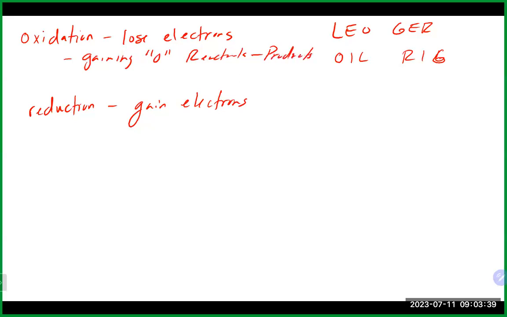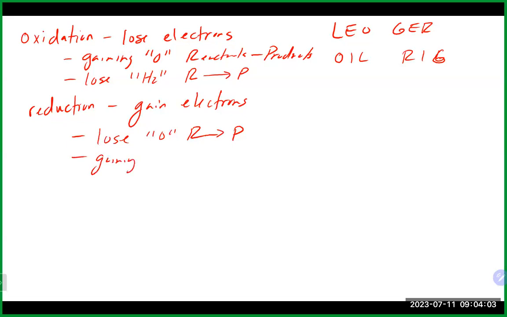So some substance gains oxygen as it goes from left to right in the reaction. And also the losing of hydrogen, or H2, as you go from reactants to products, is another definition of oxidation. For reduction, it's the opposite. It is losing oxygen as you go from reactants to products, and gaining H2 as you go from reactants to products.